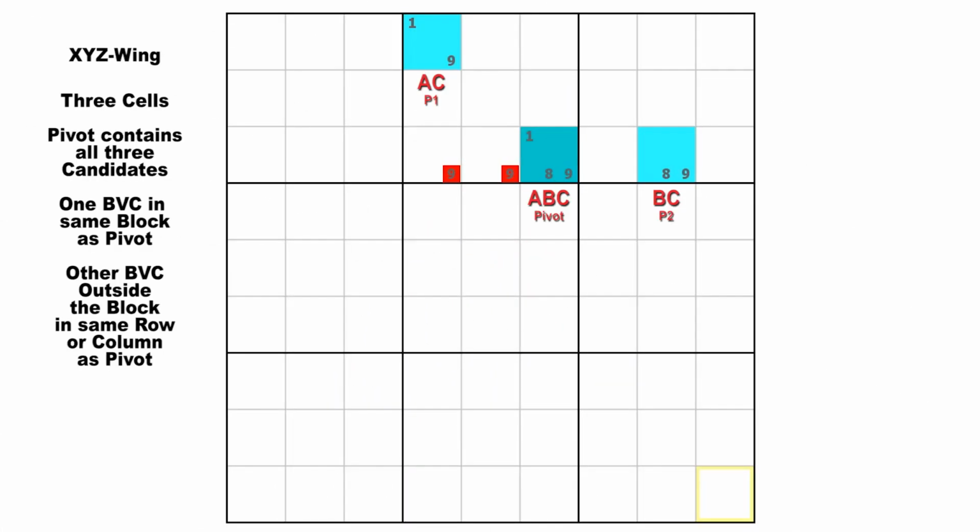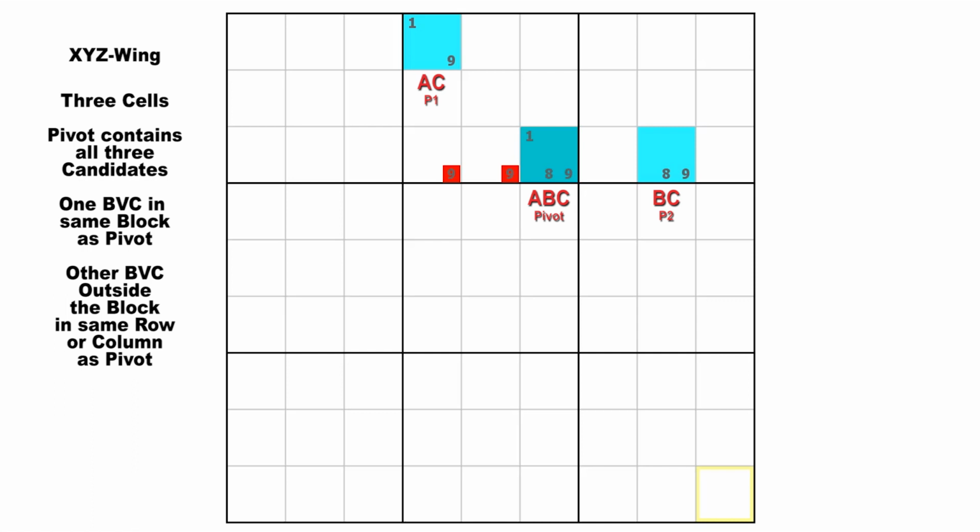Now, before we get to the real examples, here are some tips for knowing when there is not an XYZ wing or when there are no eliminations to be made, which will hopefully save you some time when you are looking for these things. What you want to do is check the blocks one by one for these conditions. First, there must be a bi-value cell in the block.